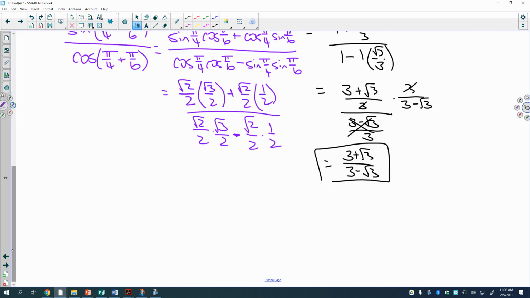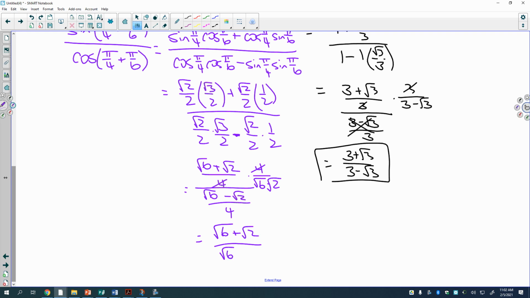So it's root 6 plus root 2 over 4 over root 6 minus root 2 over 4. And even multiplying by the reciprocal, I get this. And I know root 6 plus root 2 over root 6 minus root 2, they look different.